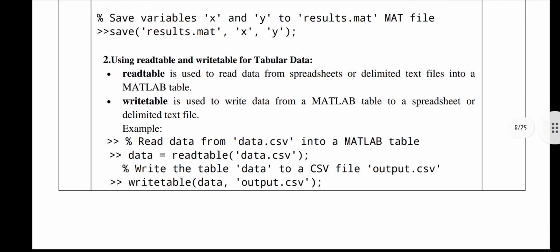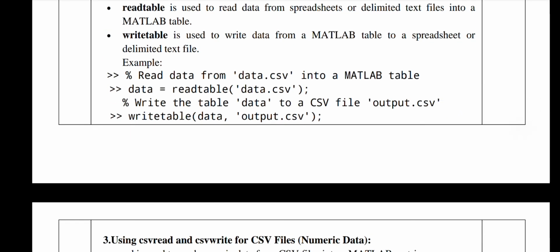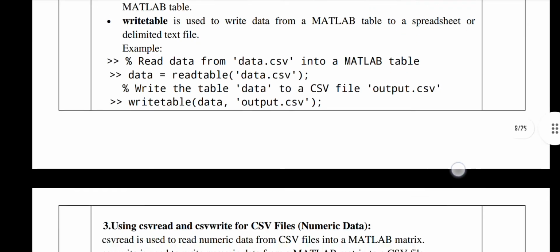Readtable is used to read data from spreadsheets or delimited text files into a MATLAB table. Writetable is used to write data from a MATLAB table to a spreadsheet or a delimited text file. Examples: read data from data.csv into a MATLAB table, data = readtable('data.csv'); write the table data to a CSV file, writetable(data, 'output.csv').